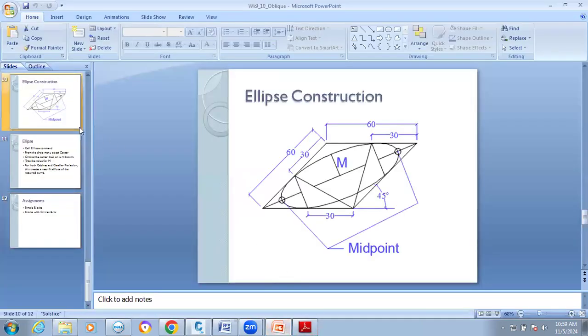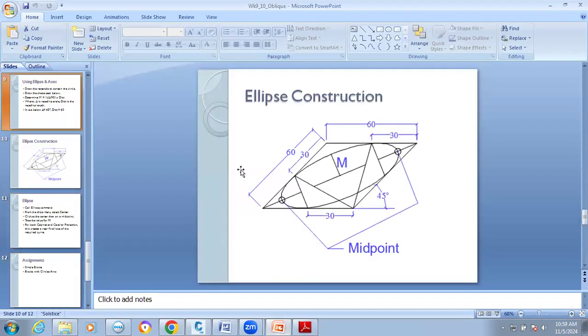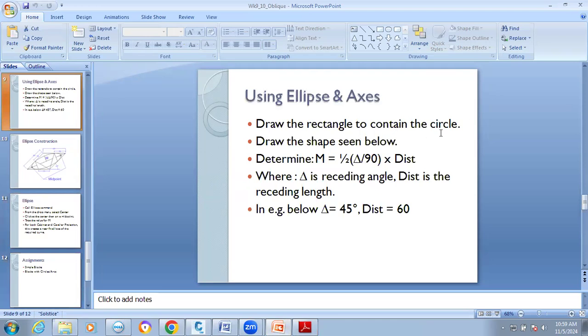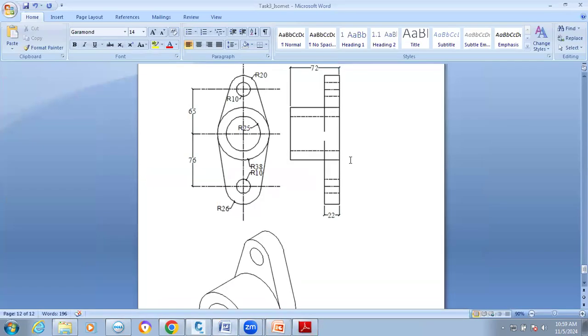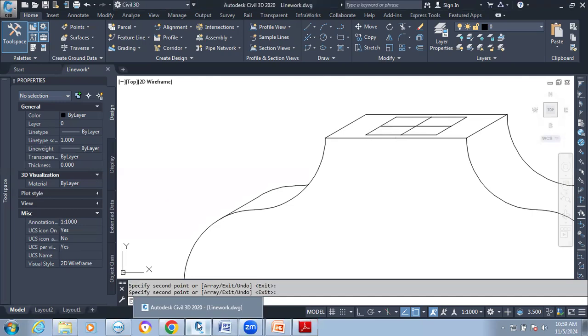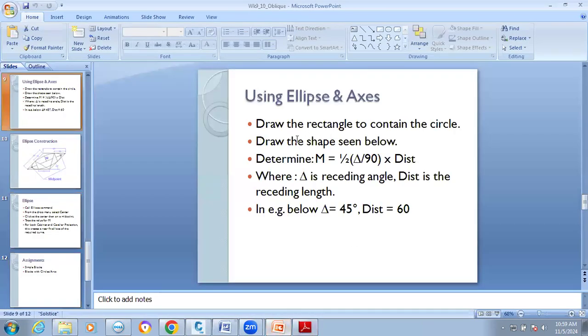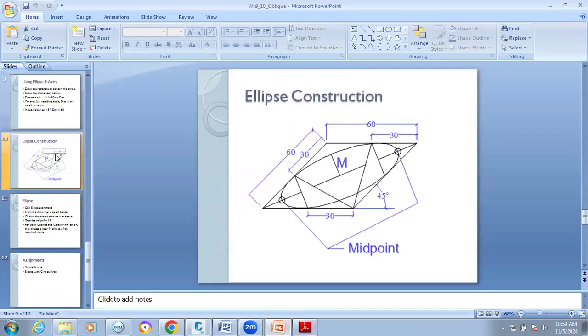So remember the instructions: you draw the rectangle to contain the circle. That's the first thing I'll do. I'll draw the rectangle that contains the circle. Then you follow the same M shape.